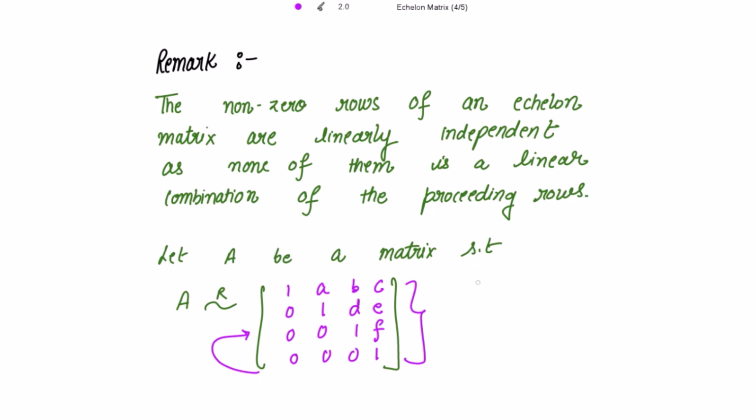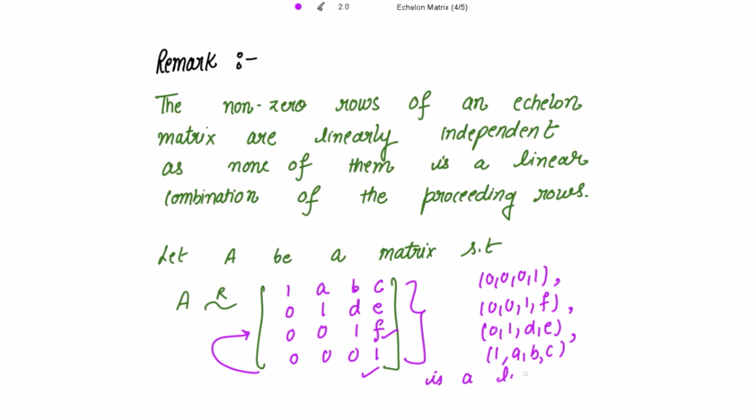That is, none of the vectors (0, 0, 0, 1), then (0, 0, 1, F), then (0, 1, D, E), and (1, A, B, C) is a linear combination of the preceding vectors. Therefore, all these vectors are linearly independent.